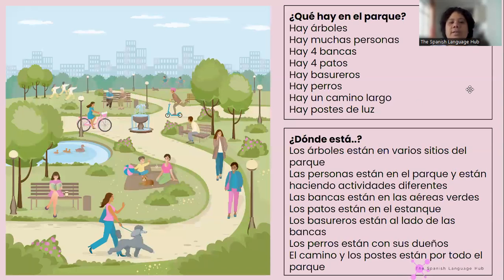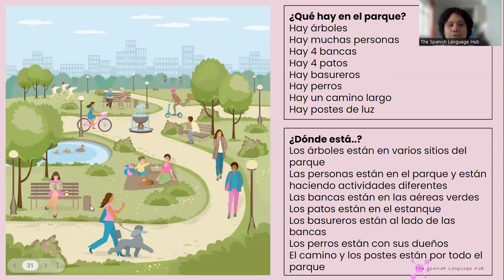Okay, so a little bit the difference here between ¿qué hay en el parque? and ¿dónde está? So hay, like I mentioned, is just a list, giving you a list of the things that a place has. Okay, in this context, for example, ¿qué hay en el parque? What is there in the park? Hay árboles, hay muchas personas, hay 4 bancas, hay 4 patos, here.